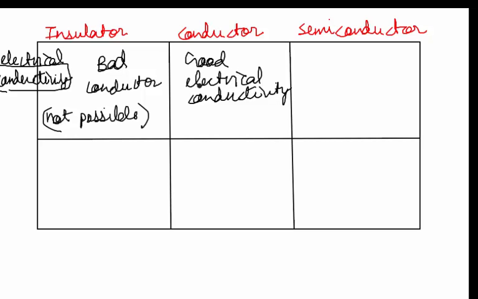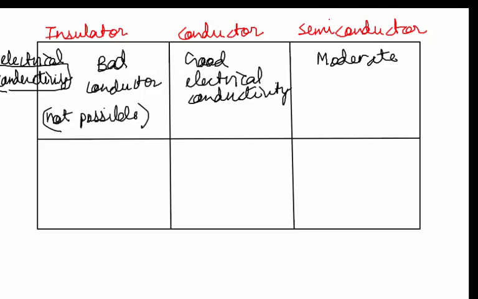So that makes it a really good conductor of electricity. Similarly, semiconductors have moderate conductivity. We can say it lies somewhere in between the insulator and the conductor. It's not as bad as an insulator, but it's not as good as a conductor either.